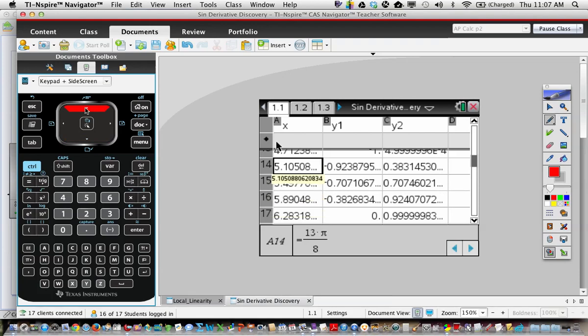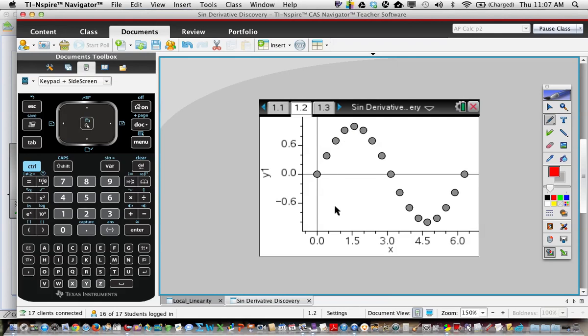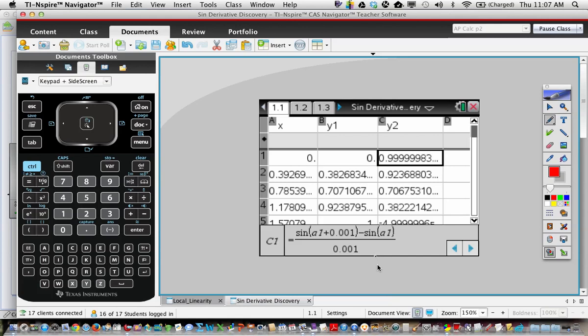And in the y column, I've put in the sine of the x column. So that's sine of pi eighths, sine of pi fourths, and on and on. On this page, I have graphed those points. So, sure enough, we get a sine graph, as we would expect. Now, in this column, what I did is that right there. Now look at that a little bit.